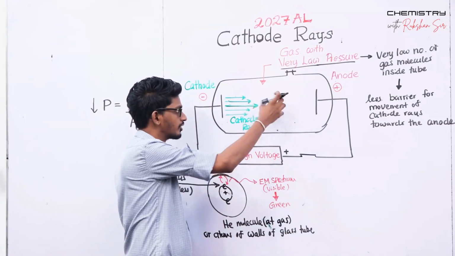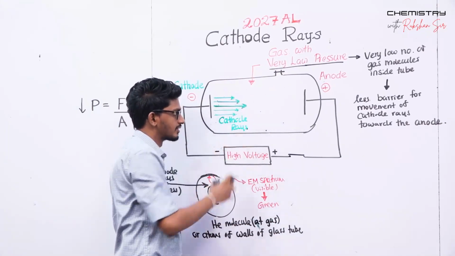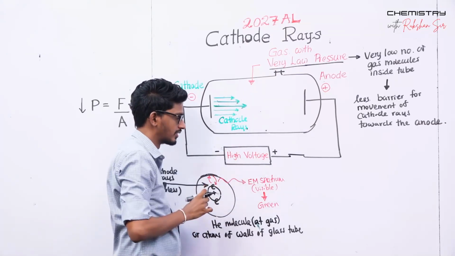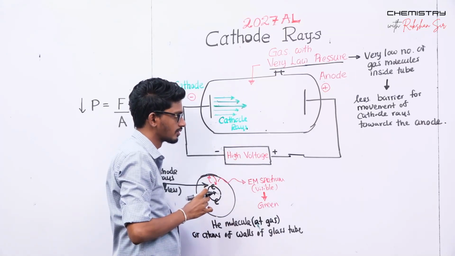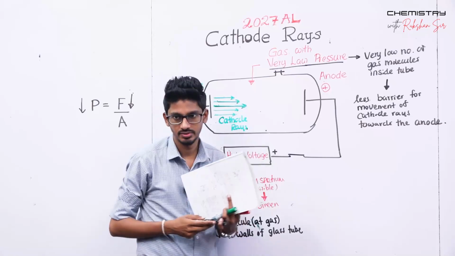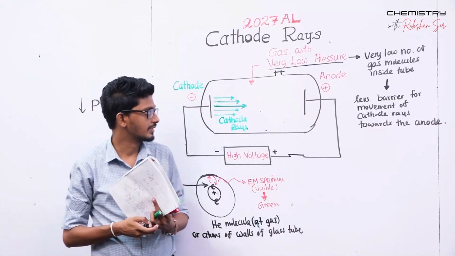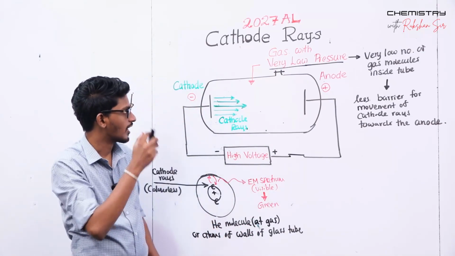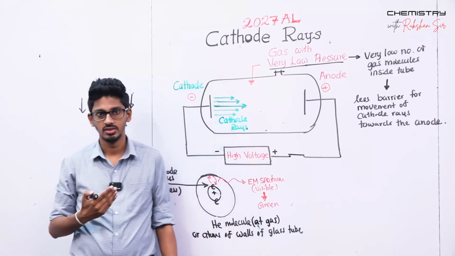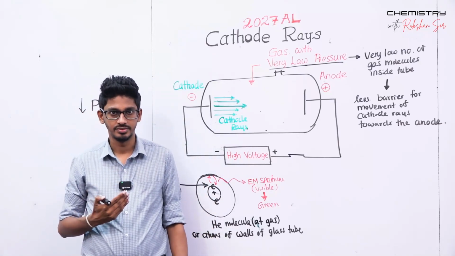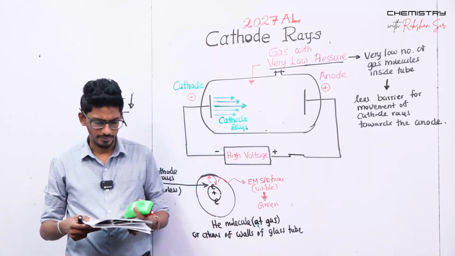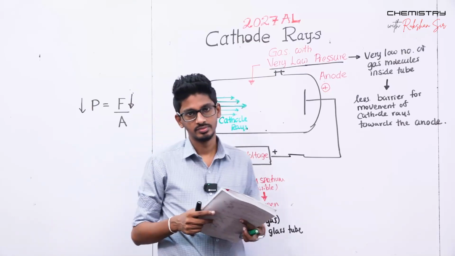It is easier for cathode rays to move through the gas. Less gas molecules, so not that many barriers. So it is very important to note that you have to maintain a very low pressure to observe cathode rays. Okay, so that is done.